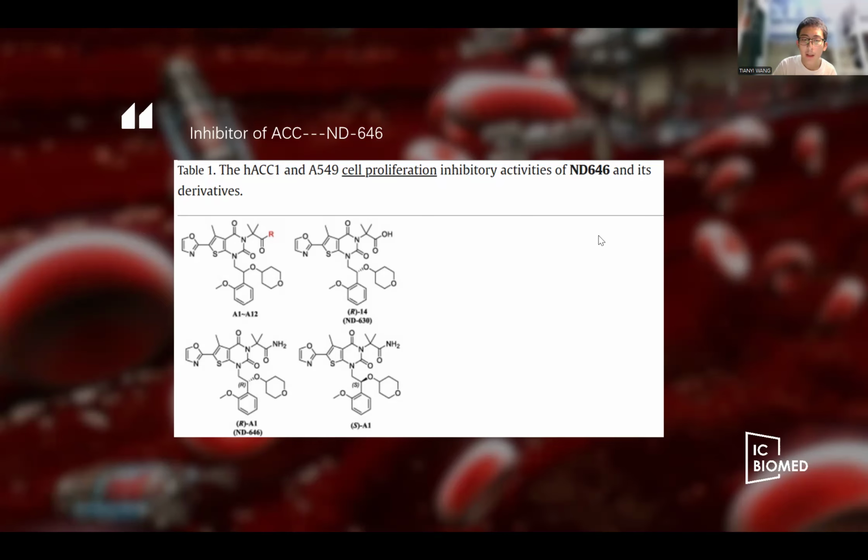It is worth noting that ND646 has highly selective inhibitory effects against ACC, stabilizing the inactive polymer state by binding to the BC domain of ACC. Compared to the TOFA we just talked about, it shows a better safety profile, and no significant liver or kidney damage was observed in preclinical toxicity evaluations.